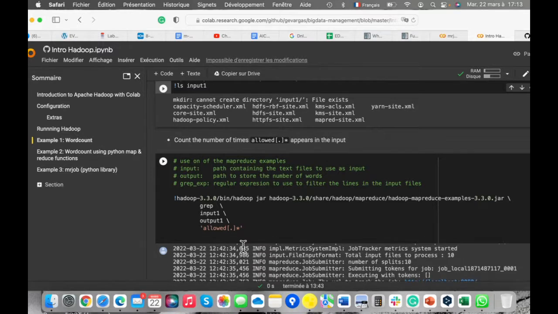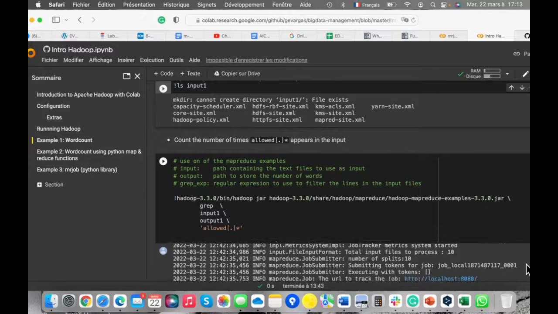What we discussed last time is that if you go through the log, you will see that jobs are submitted to the job tracker, and that the job tracker starts the mappers, and then at some point it synchronizes the results produced by the mappers.